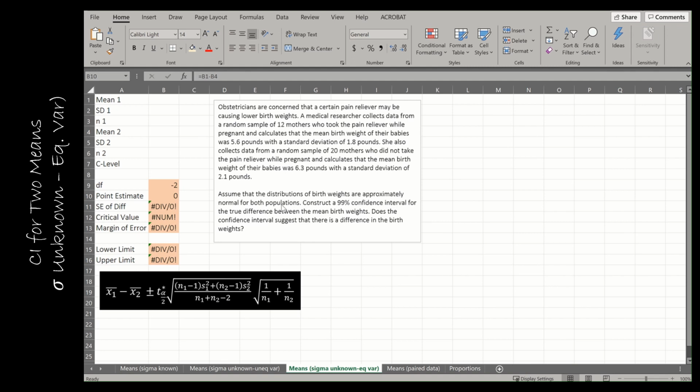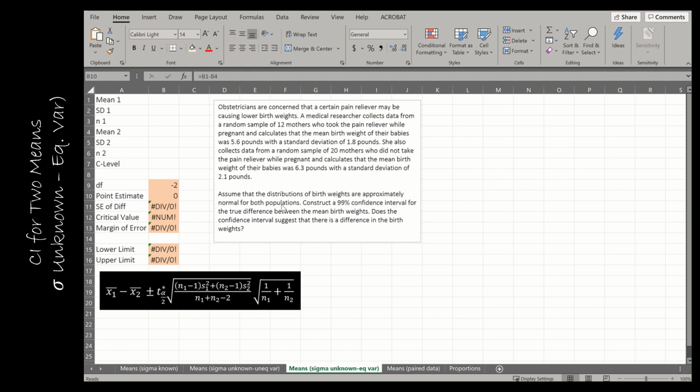But again, we're dealing with a normally distributed variable of weight, and the only difference between the two samples is that in one sample the mothers will have taken a pain reliever, and in the other sample they won't. So we can assume that those variances are equal.